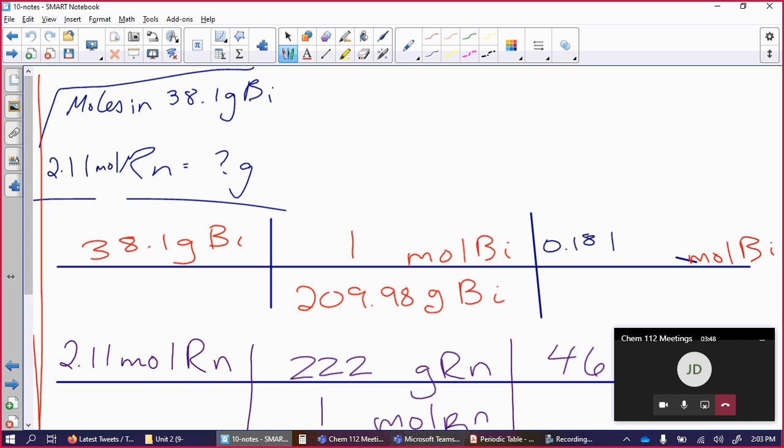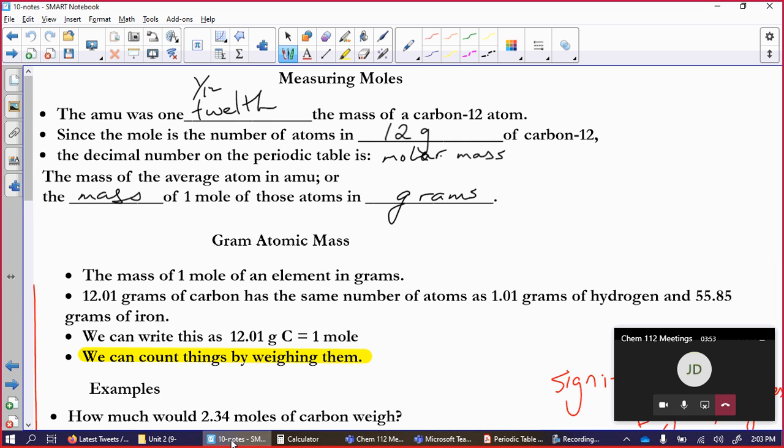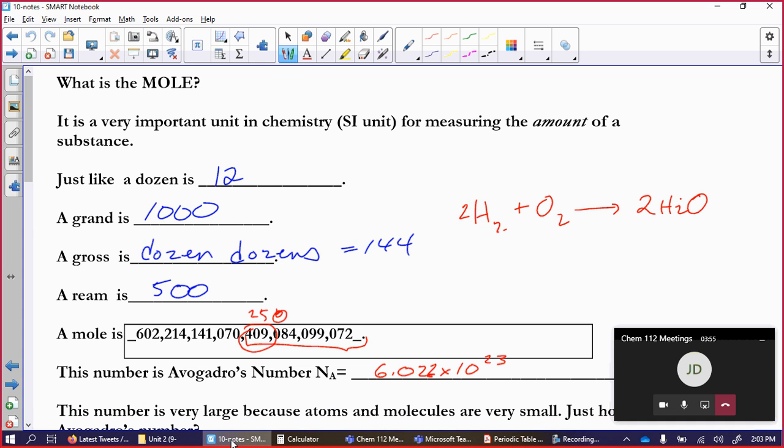So today we're going to need a periodic table and a calculator, or well, I will, anyhow. Yesterday we introduced the concept of a mole, which is an SI unit, a unit of counting. If you looked at the YouTube video, I put a really big dozen because that's effectively what it is.